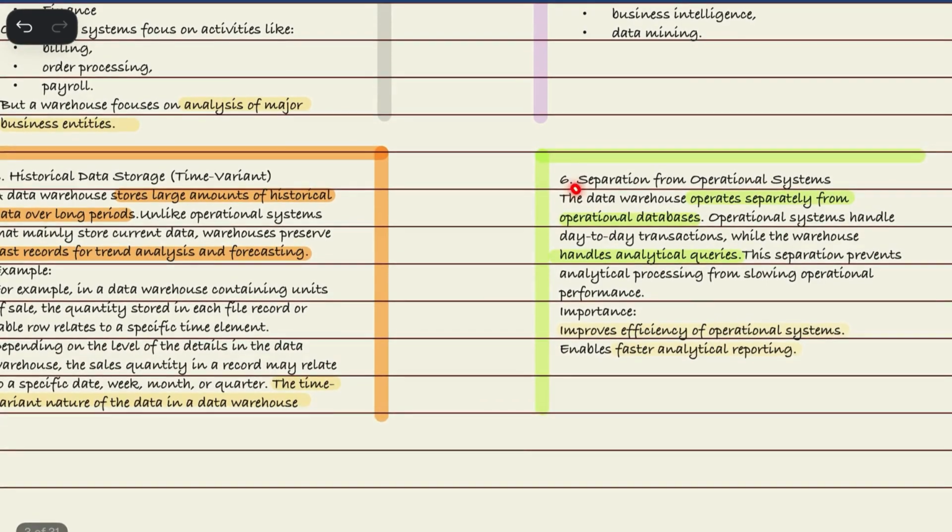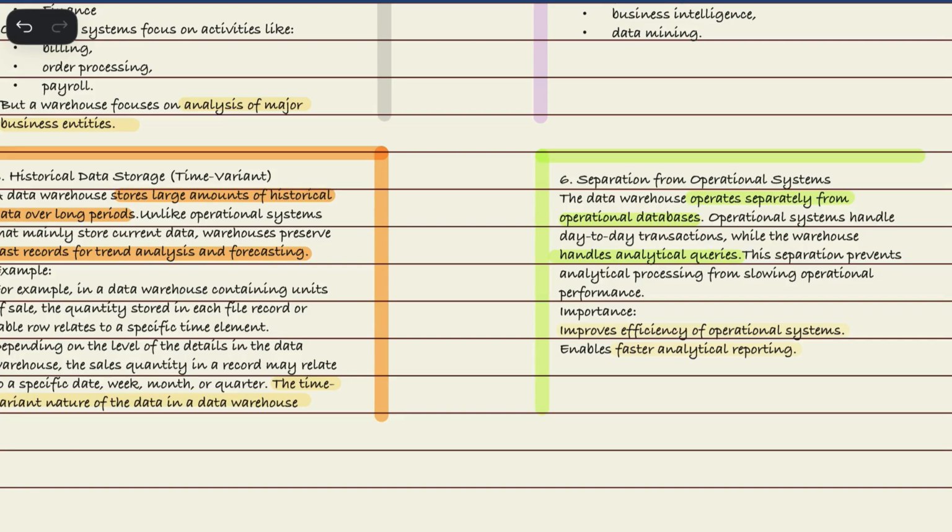Then we move forward and discuss separation from the operational system. A major feature of a data warehouse is that it operates separately. For example, if you have a store, there are daily transactions happening, people buying a lot of things, but that is operational data, because it is happening every day. A data warehouse is different from that.